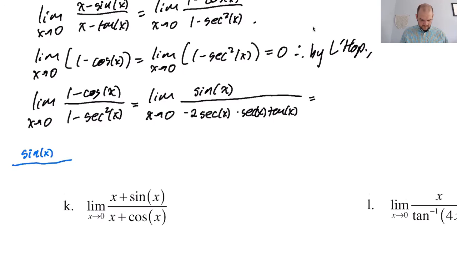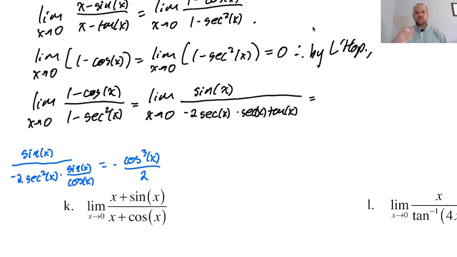I've got negative 2 secant squared, and then tangent is sine over cosine. So the sines actually cancel. You end up with cosine. What do you get? I think you get negative cosine cubed over 2, right?